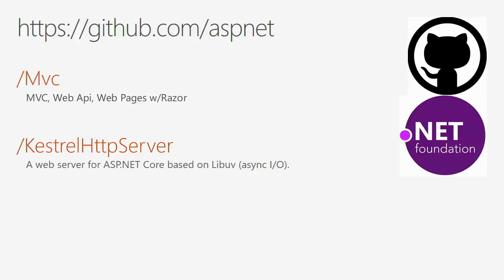That's why it's the recommended way to host ASP.NET Core applications. So use it, but put a reverse proxy in front of it, like Nginx or IIS, so that those can deal with all the things that Kestrel can't do.